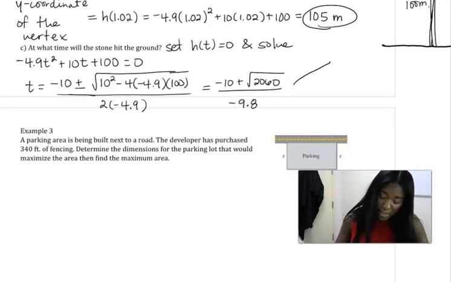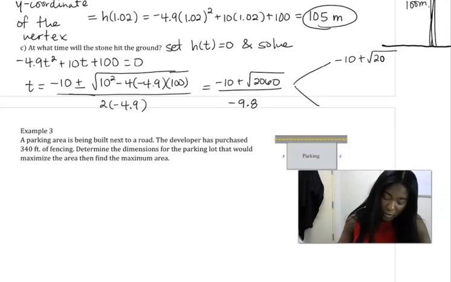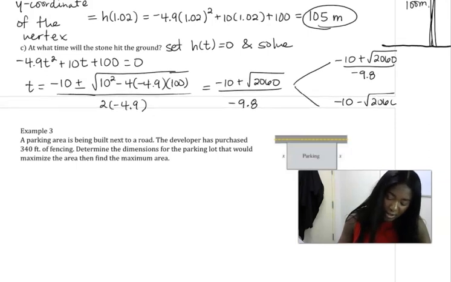So I'm going to go ahead and separate this into two separate answers here. There's a negative 10 plus the square root of 2060 over negative 9.8. And then there's a negative 10 minus the square root of 2060 over negative 9.8.